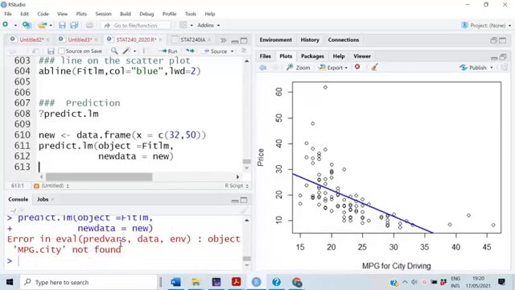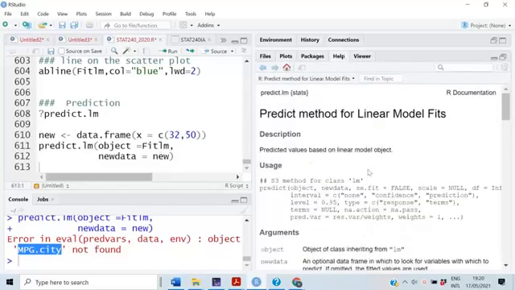It says error in predict, new environment, object mpg.city not found. Is it newdata? Object newdata.